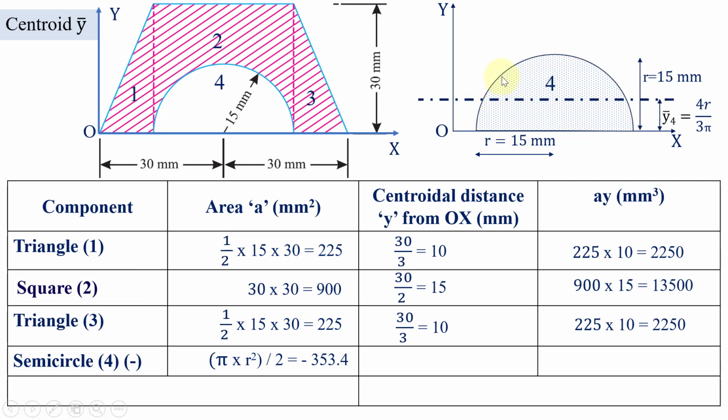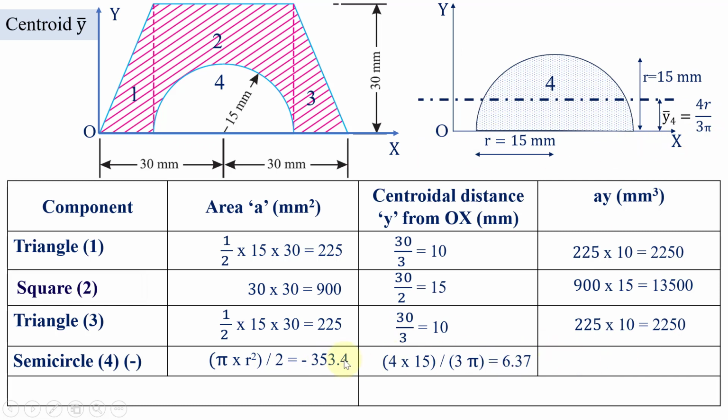So if you want to measure it from this curved region, the value will be r minus 4r divided by 3 pi. So since we have to find out this value from this base line, it is 4r divided by 3 pi. So this value is 4 multiplied by 15 divided by 3 pi. So we got the value of 6.37, which is the centroid of this semicircle from the reference axis OX.